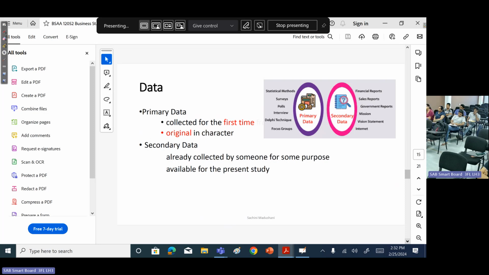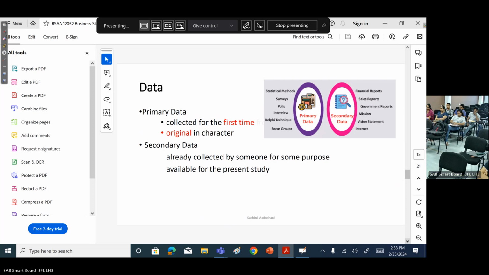We refer to books, journals, magazines, newspapers, websites. Those data we call what? Secondary data. If we collect the data for the first time, we call that primary data. Understood? Normally, if we want to do research, we can collect primary data and we can use secondary data for our study.